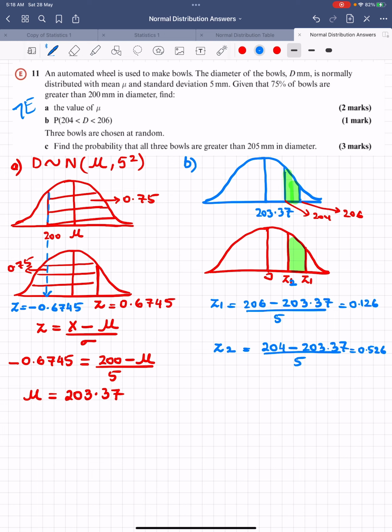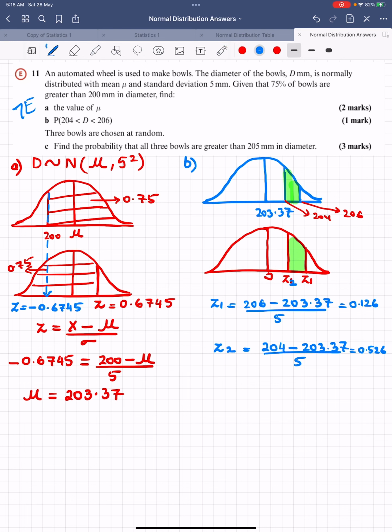So we have the z values now. We find the probability corresponding to 0.526, which is the probability from this point to the left, and from that subtract the probability of 0.126, which means we subtract all of this and are left with this.